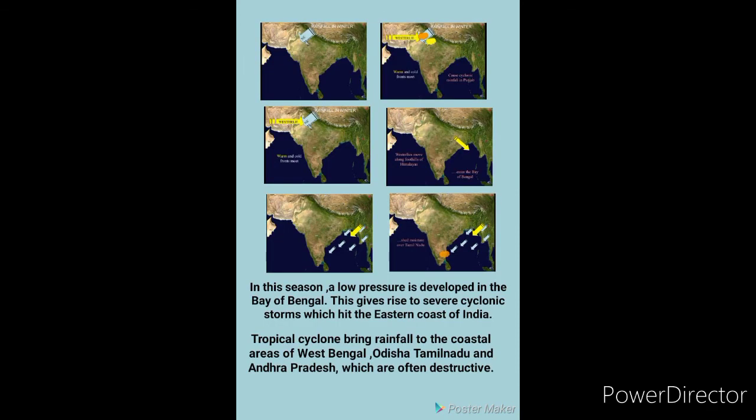In this season, a low pressure is developed in the Bay of Bengal. This gives rise to severe cyclonic storms which hit the eastern coast of India. Tropical cyclones bring rainfall to the coastal areas of West Bengal, Odisha, Tamil Nadu and Andhra Pradesh, which are often destructive.